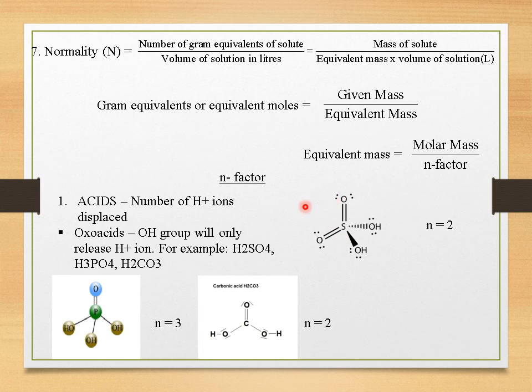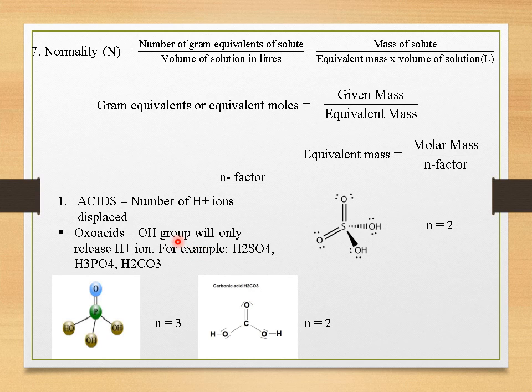The various examples of oxo acids are H2SO4, H3PO4, and H2CO3, carbonic acid. So these are all examples of oxo acids wherein you are going to see the central element connected with the oxygen atom by a double bond. How will you calculate the n factor in these?